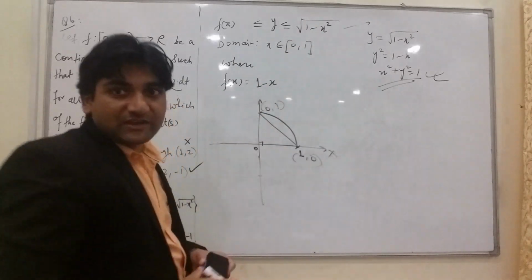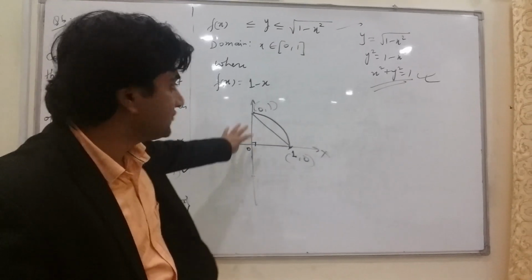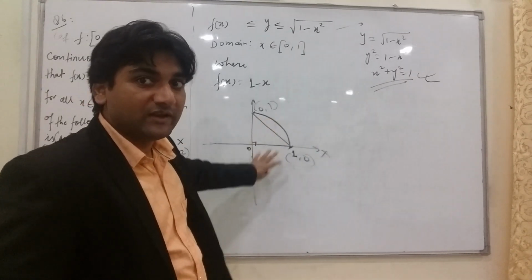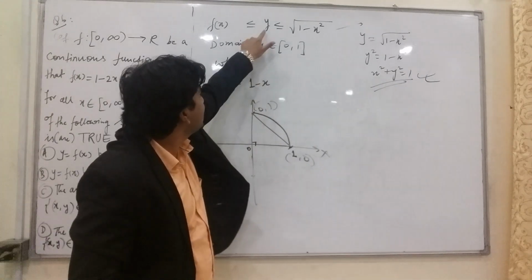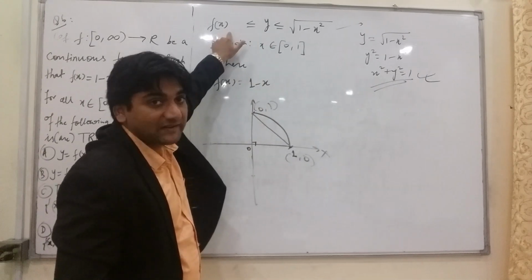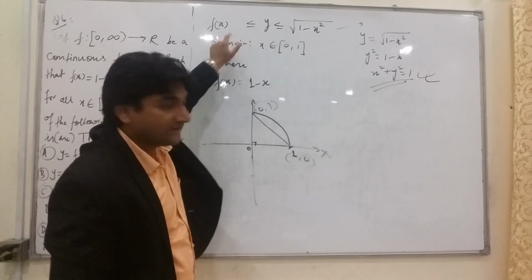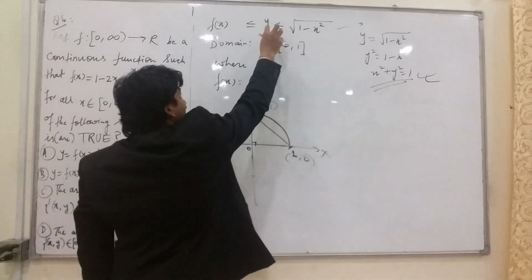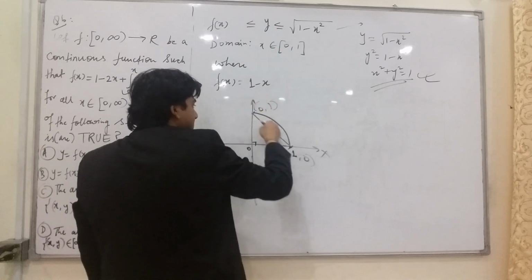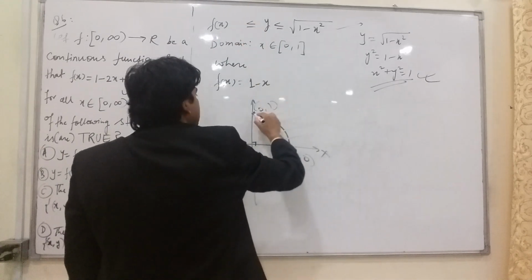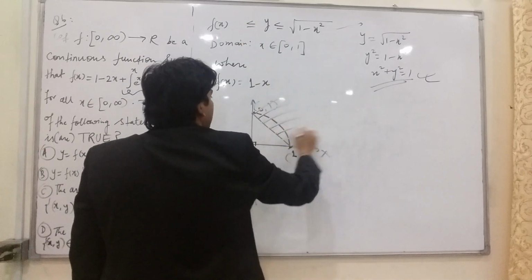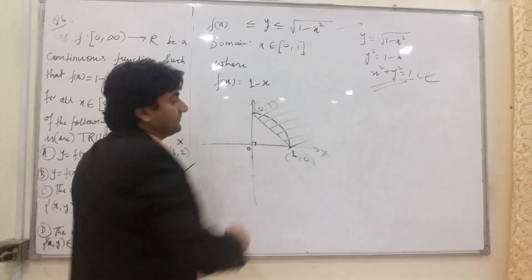Now we will check the inequality. Right now we have drawn the graph. What is that? This y is always greater than f(x). It means y is whatever is greater than f(x). This is your portion, in the up direction.